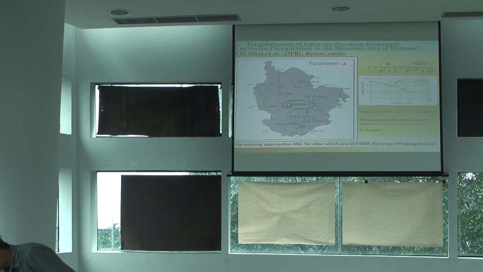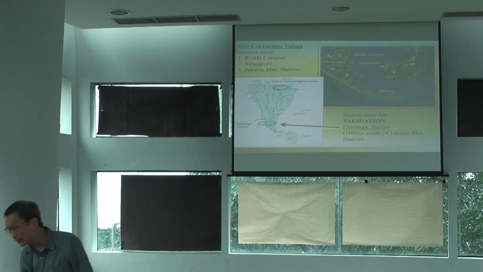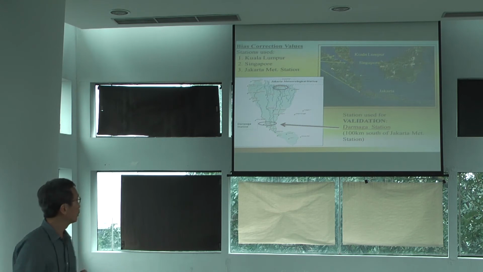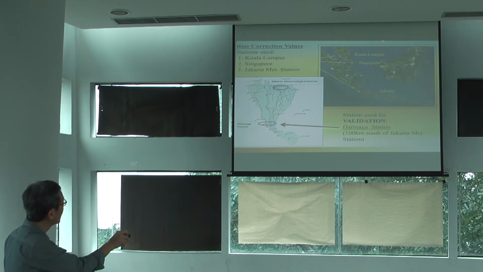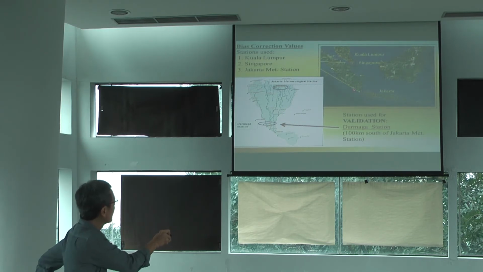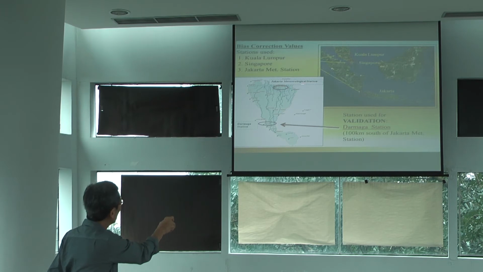So if they all fail, regardless of whatever it is, what we did from the reanalysis data was look at the 3 station data: Kuala Lumpur, Singapore, and the Jakarta station, which is this one here.